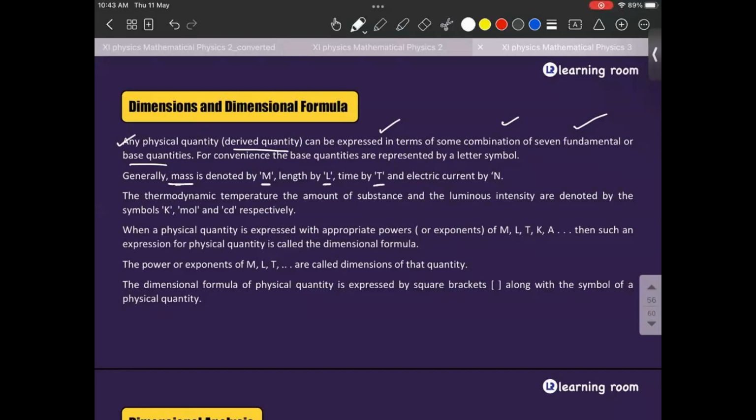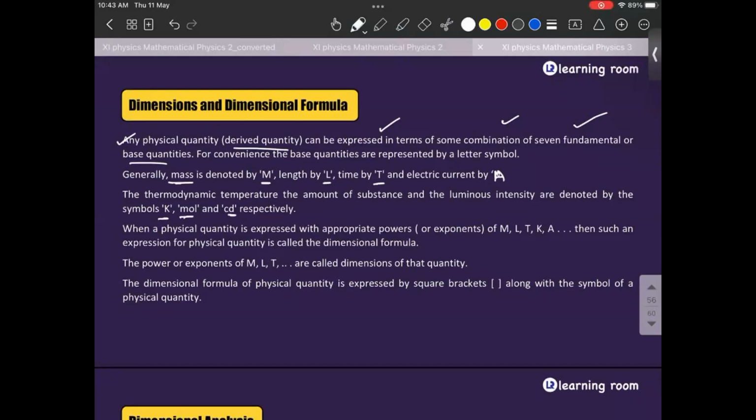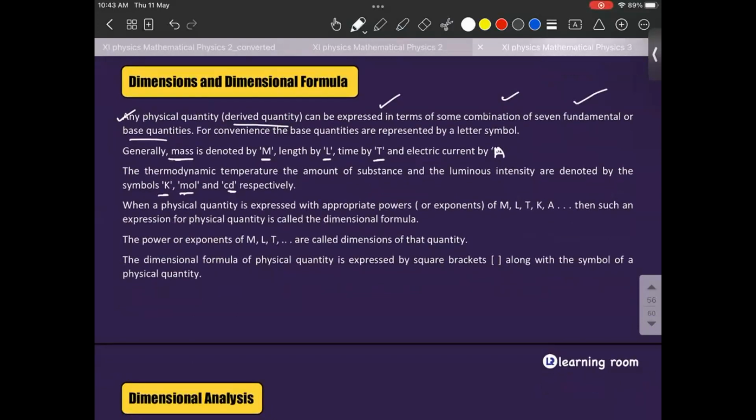Electric current is represented with A. The thermodynamic temperature is represented with K, and amount of substance in mole, and luminous intensity by cd. These three we use very little. Kelvin is also used, but the other quantities a little less. I hope you're able to get some perspective till here.